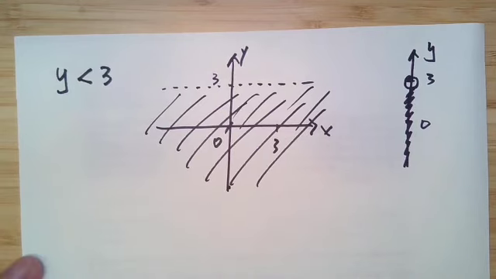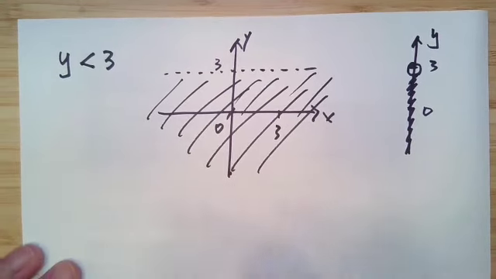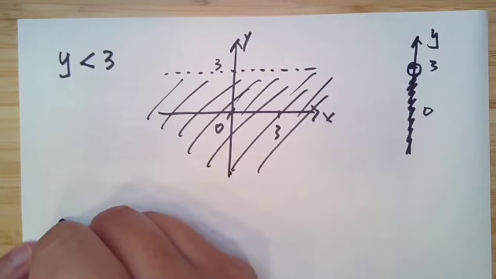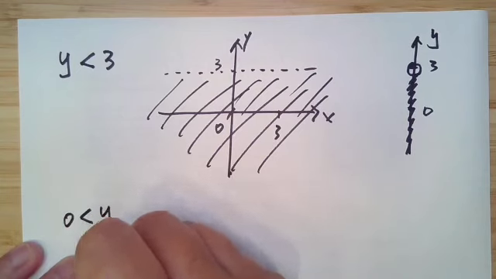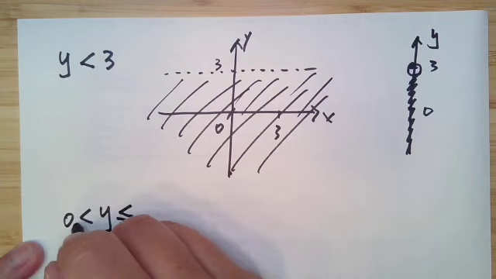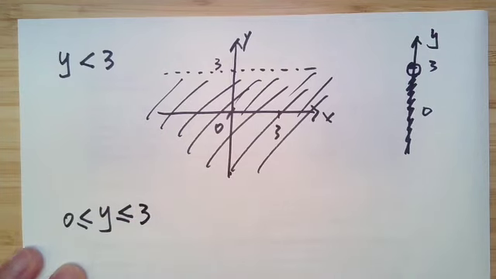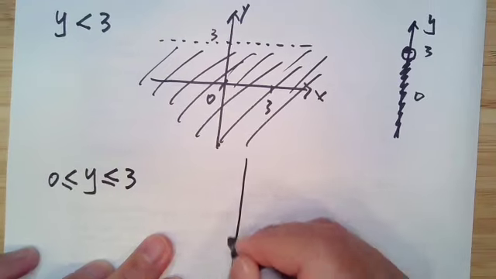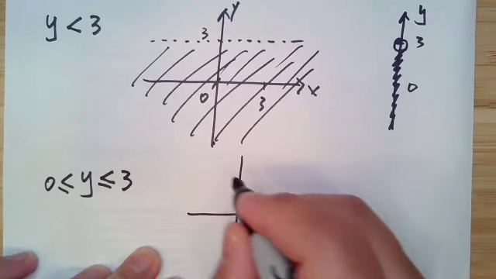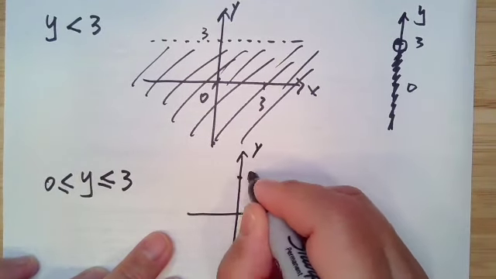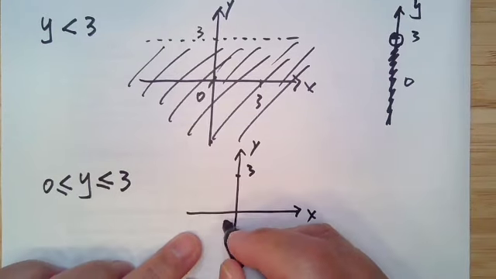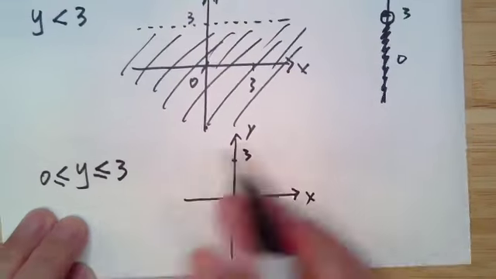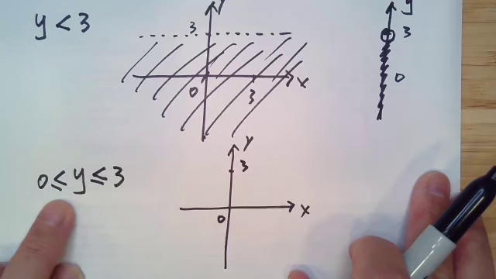How about a hard one? 0 less than or equal to y less than or equal to 3. Okay, y is between 0 and 3, inclusive. So it's going to be y is greater than or equal to 0.